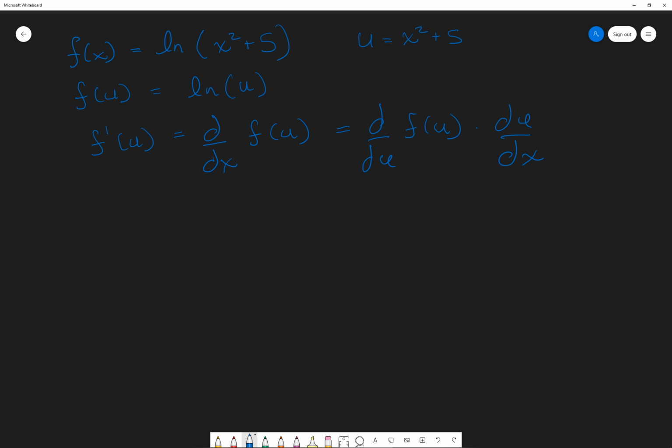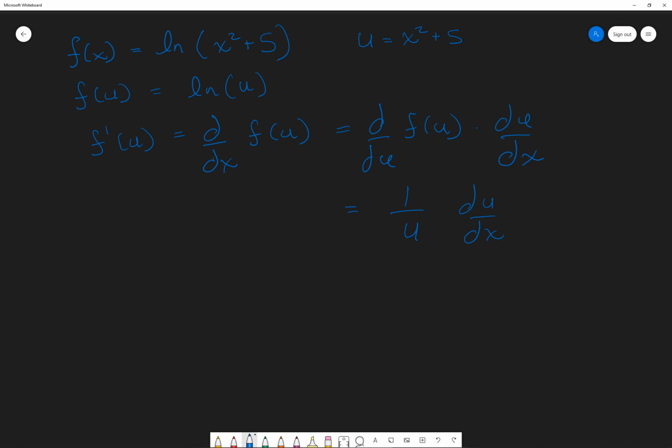Okay, this is just the chain rule here. So what is d by du of f of u? Well, we know this to be 1 over u, okay? And then we need du by dx.